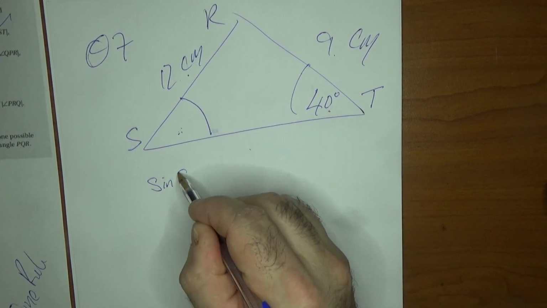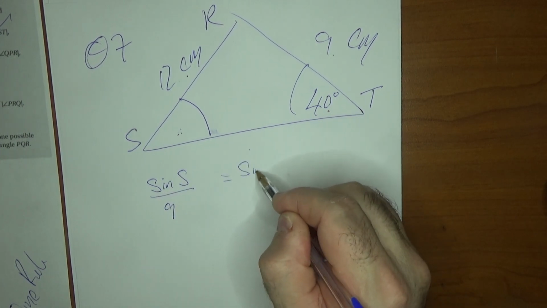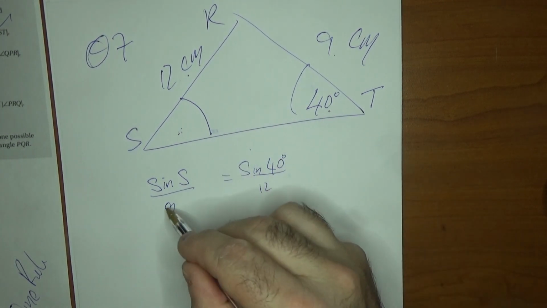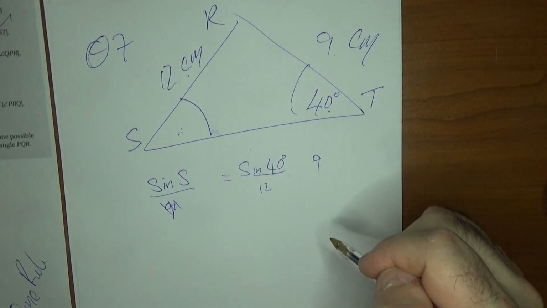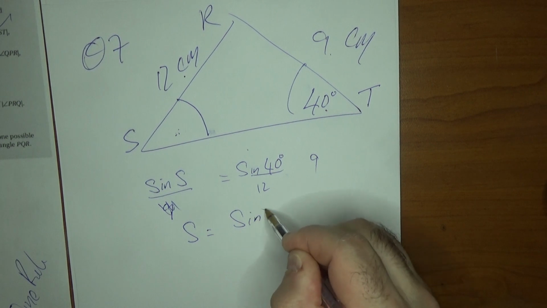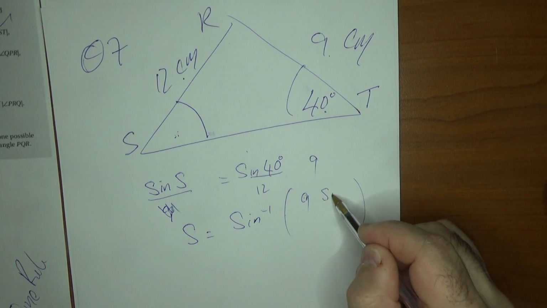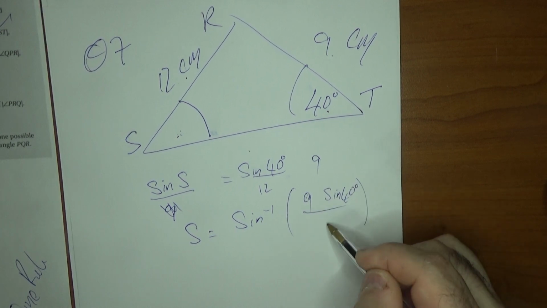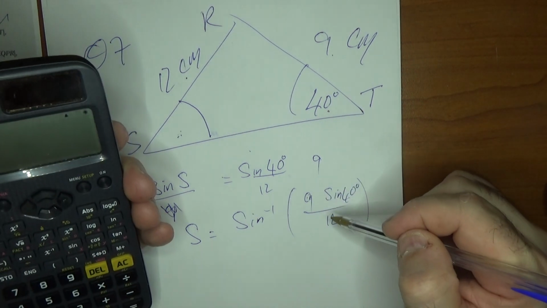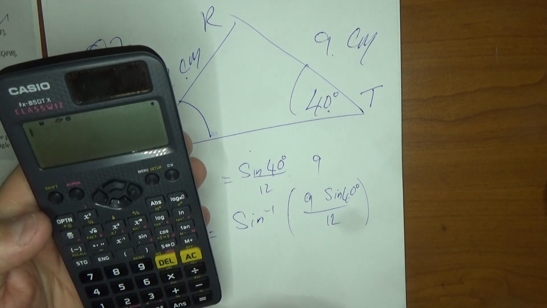Well, we know that the sine of S over 9 has to be equal to the sine of 40 degrees over 12. So let's bring up the 9 and let's inverse sine across. It makes sense to put the 9, it looks nicer like that. 9 over 12 is 3/4, so I'll speed things along just a little bit.